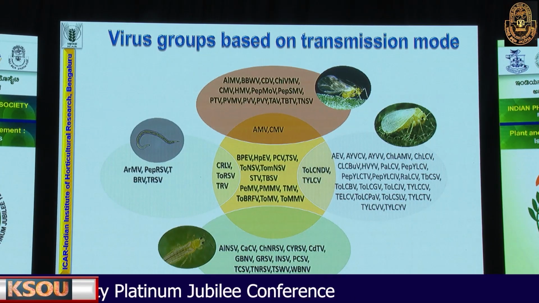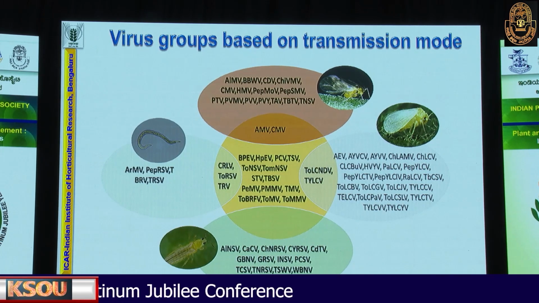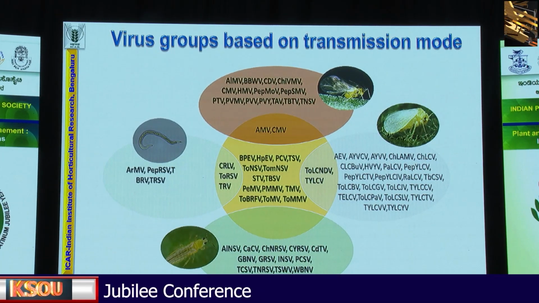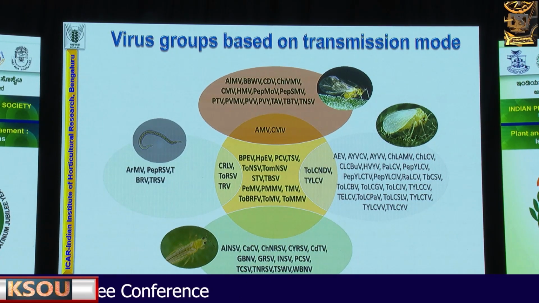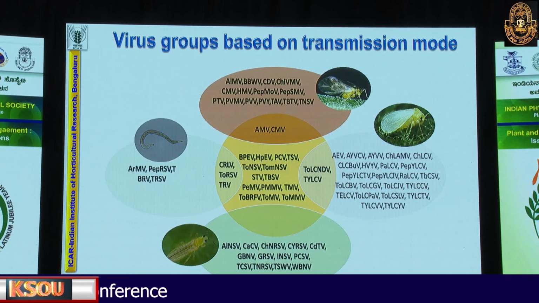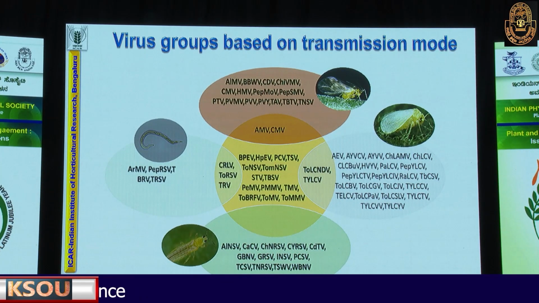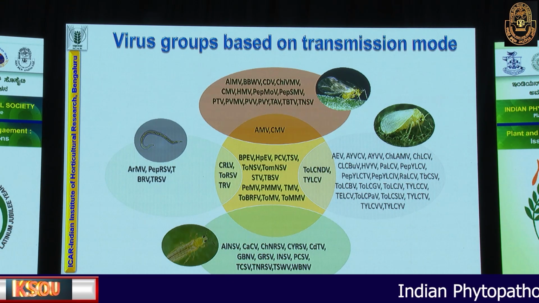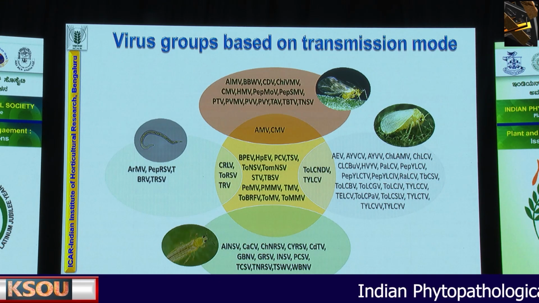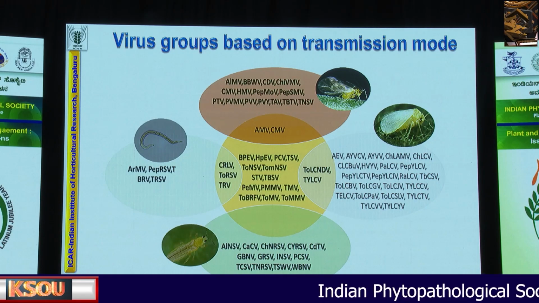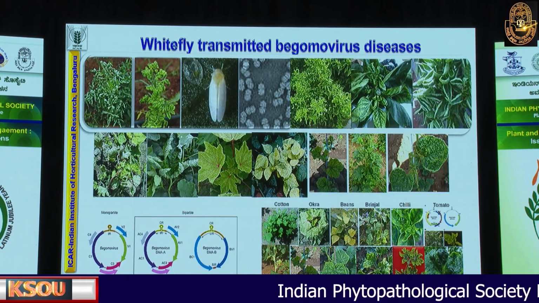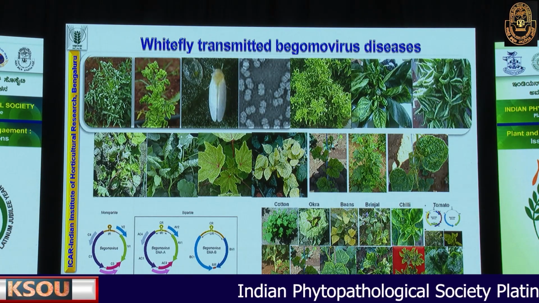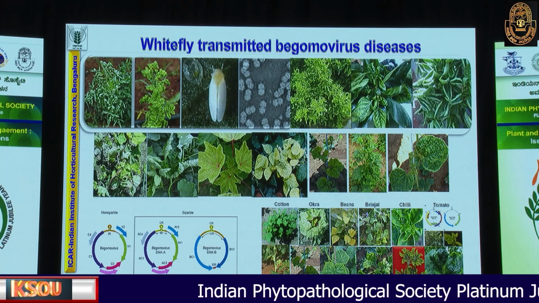The major groups of viruses are those transmitted by aphids, those transmitted by whitefly, and those transmitted by thrips, and to some extent nematode-transmitted ones, which are very few in number. But there is also a group of viruses transmitted through seed as well as insect vectors. The number one group is whitefly-transmitted, where there are several begomoviruses.